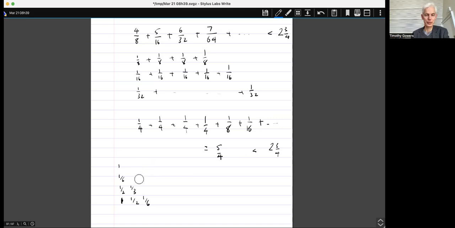But could it be that somehow there's some better way of doing things than just dividing by 2 at each step? I'm not sure.